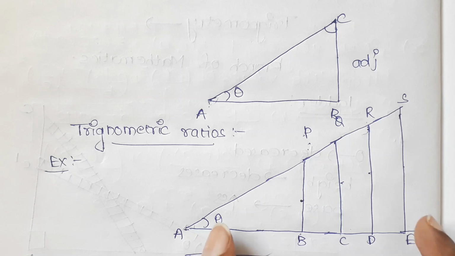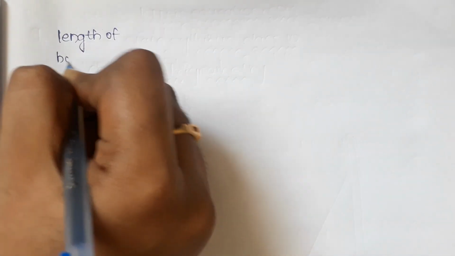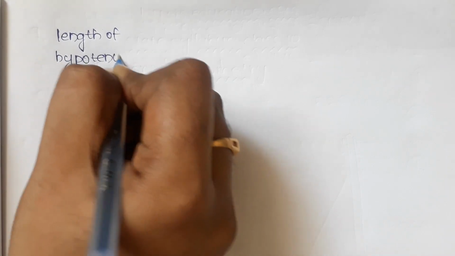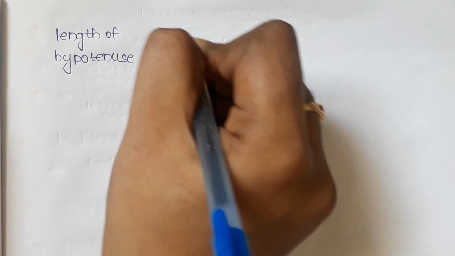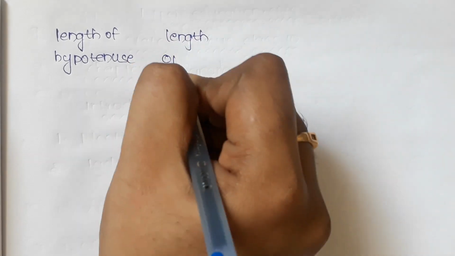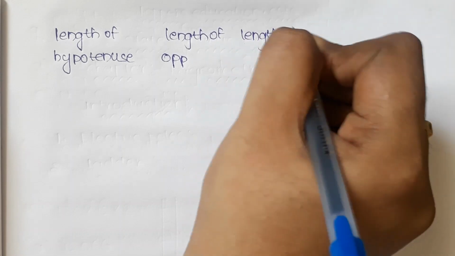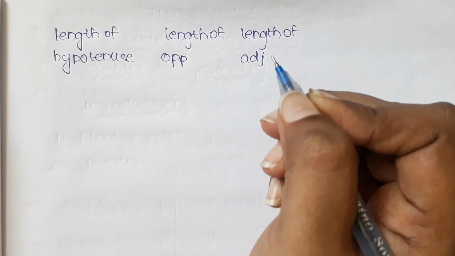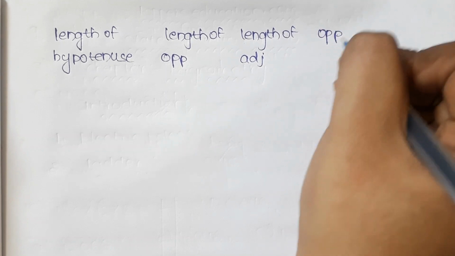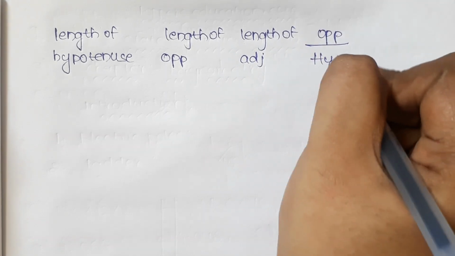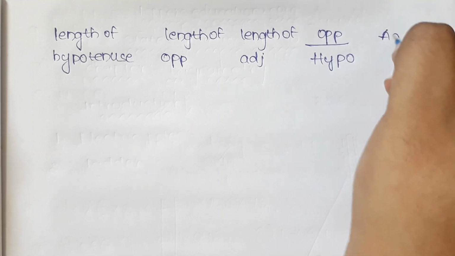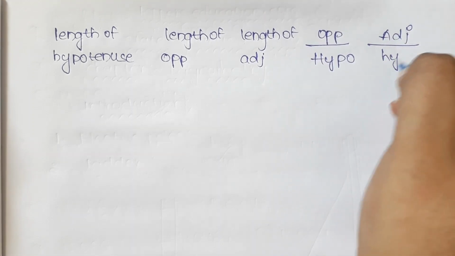These are some of the ratios we should find. And from this figure we should find the length of the hypotenuse, and similarly the length of the opposite side and the length of the adjacent side, and opposite side by hypotenuse and adjacent side by hypotenuse.